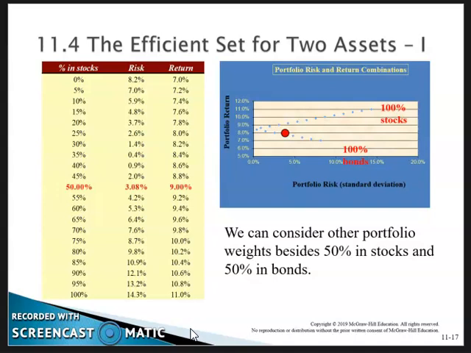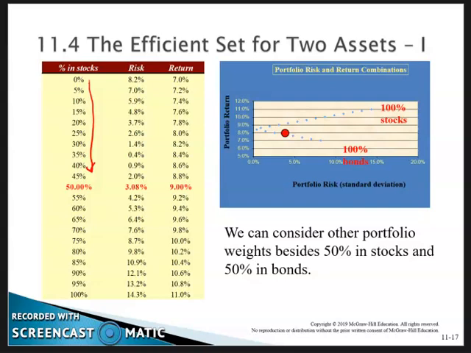We can actually increase the return and decrease the risk. As we increase the percentage in stock, we're decreasing the risk and increasing the expected return. It's plotted on this graph here.